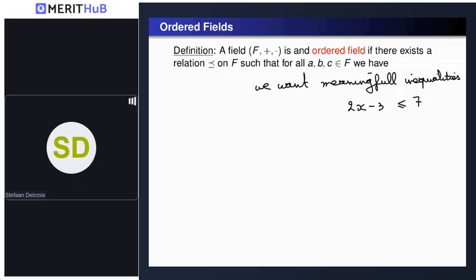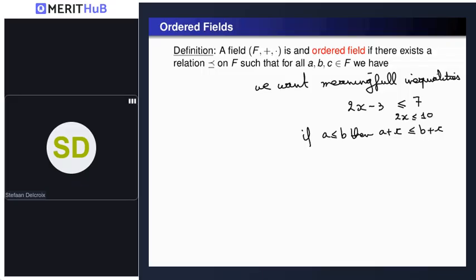So the first thing that you wanted to do is, if you have an inequality, you're allowed to add the same thing to both sides. If A is less than or equal to B, then A plus C is less than or equal to B plus C. Okay, so we end up with 2x is less than or equal to 10.